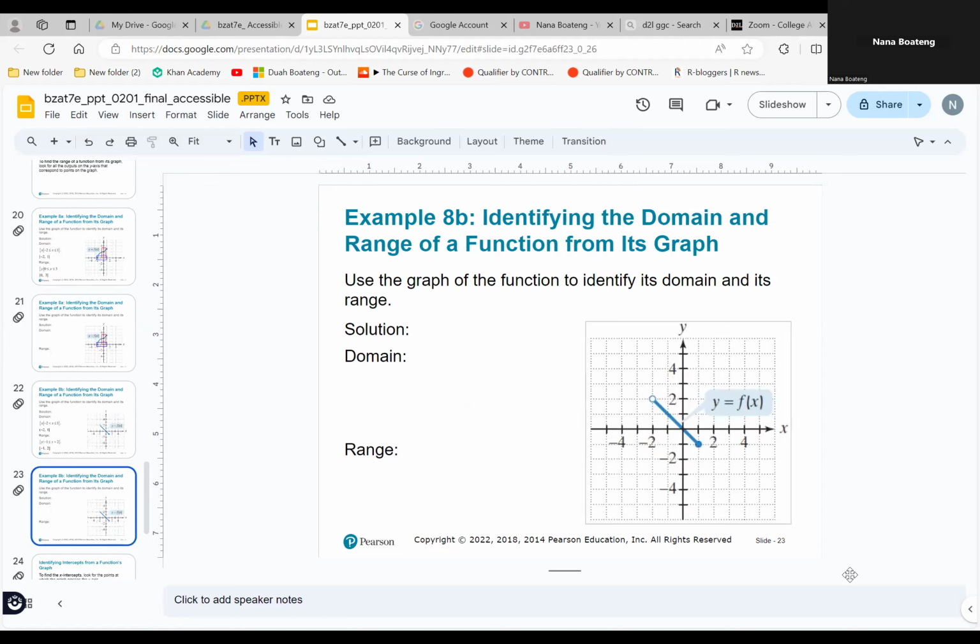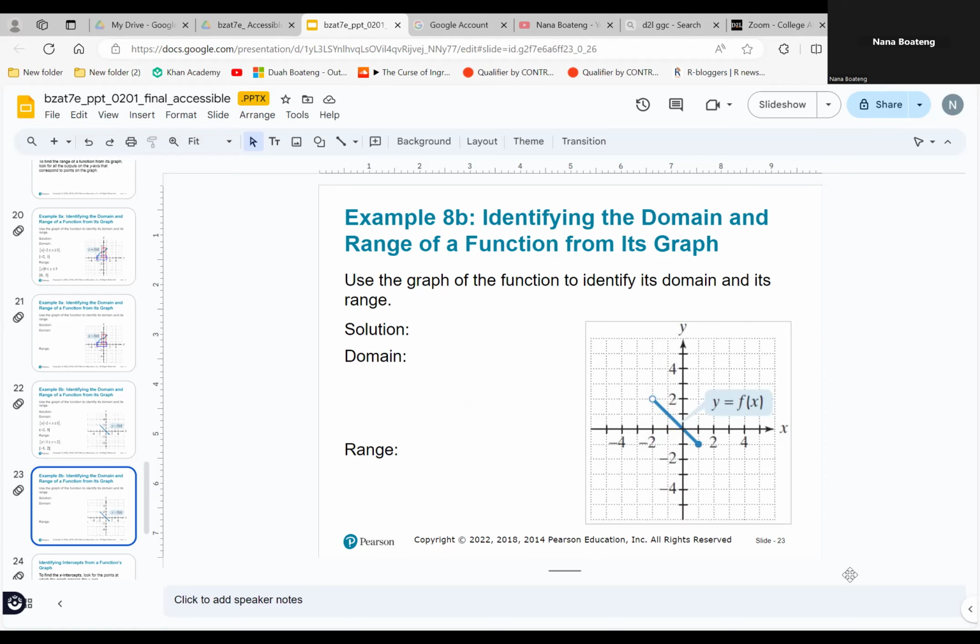We can also look at another example, in which we determine the domain and range. Again, on the x-axis, this function lies between -2 and +1.